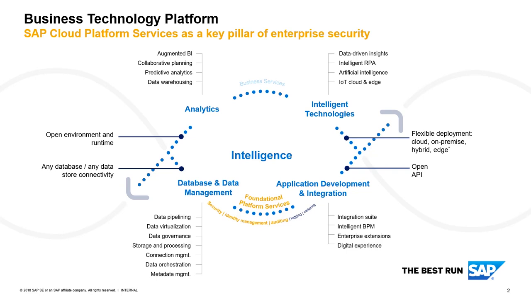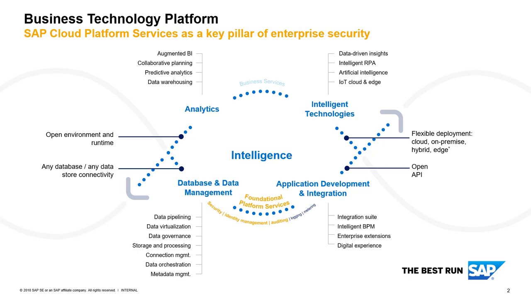SAP supports the customers in this challenging digital world with SAP's Intelligent Enterprise strategy. On one hand, with experience management solutions, capturing experience data, so-called X-data, and on the other hand, with an intelligent suite of business applications, capturing operational data, so-called OData.